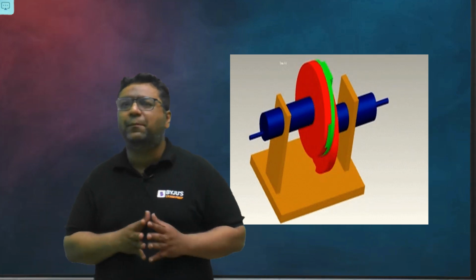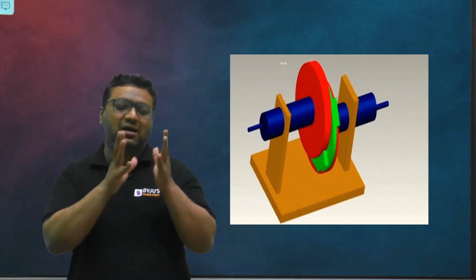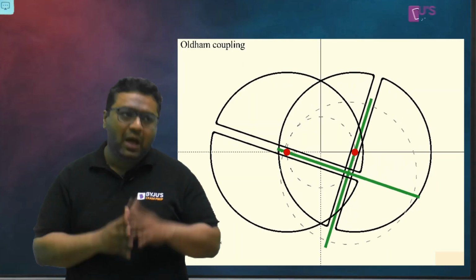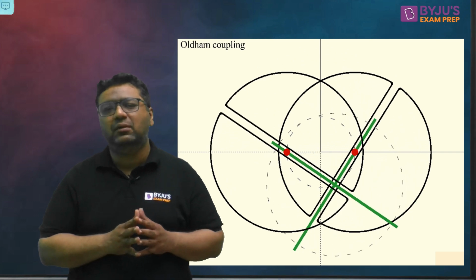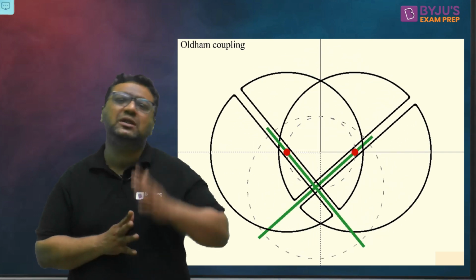As the coupling is joined with both shafts, it has to rotate about two different axes. And whenever something rotates about two axes at the same time, it has to slide also.